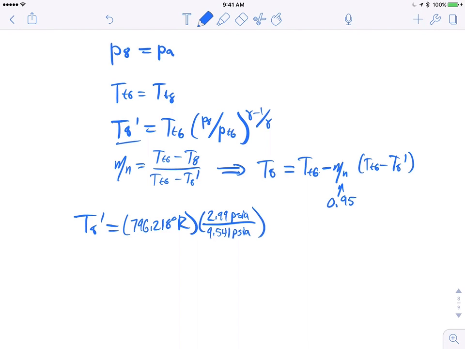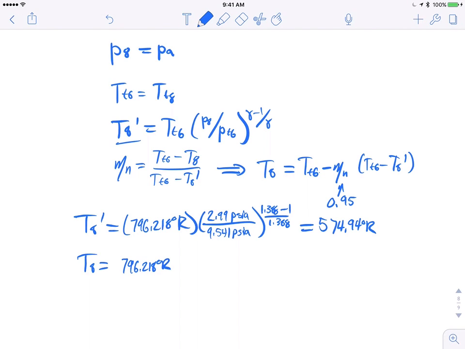It's all going to be raised to our gamma based off of TT6 here, so we're going to have 1.388 minus 1 over 1.388. And that's going to give us a new ideal temperature of 574.94 degrees Rankine.